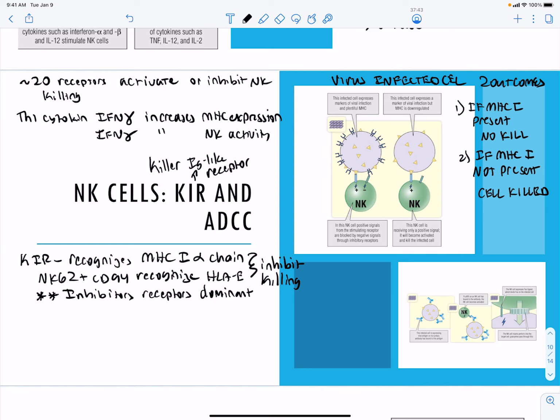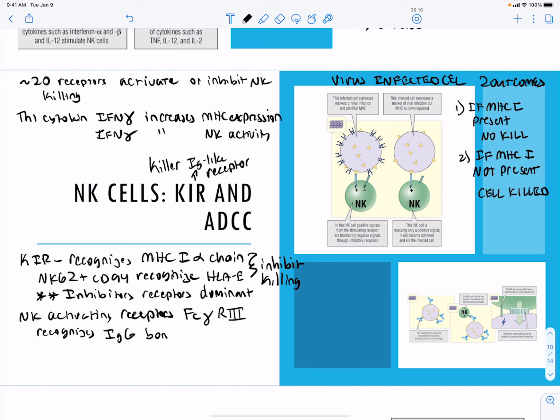Now there are also NK activating receptors. NKs have an Fc gamma receptor 3, and again, we're talking about antibodies, the Fc region, so we're talking about IgG. This recognizes the Fc region of IgG bound to the cell surface, and this triggers killing.